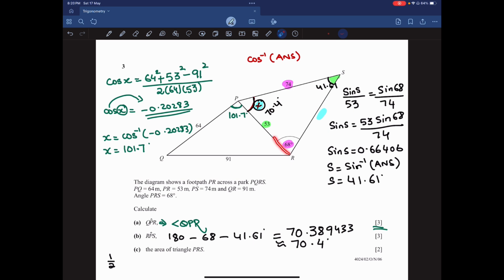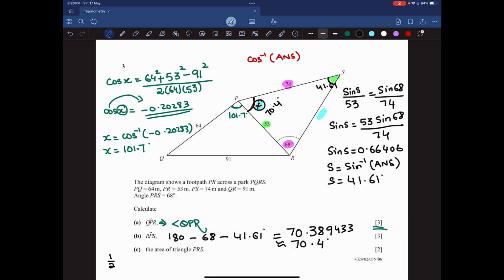These two sides are given, 53 and 74, and therefore what is the included angle? This one, 70.4. Again, you can keep this answer on your calculator screen and utilize it when finding the area of the triangle.